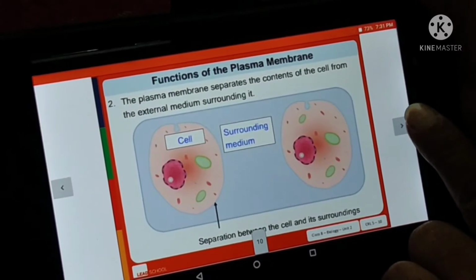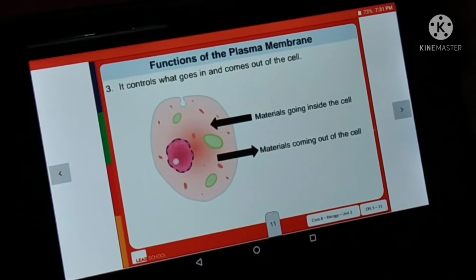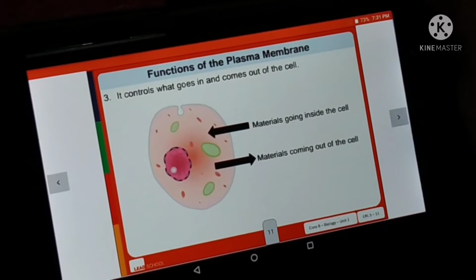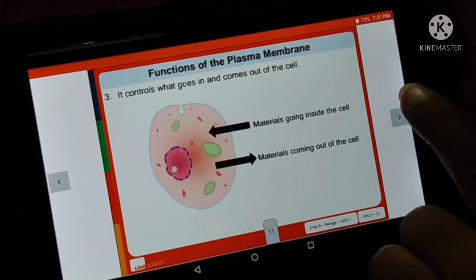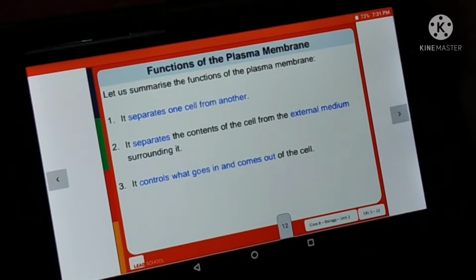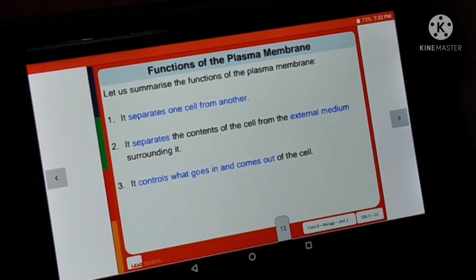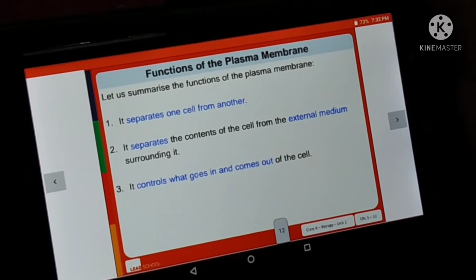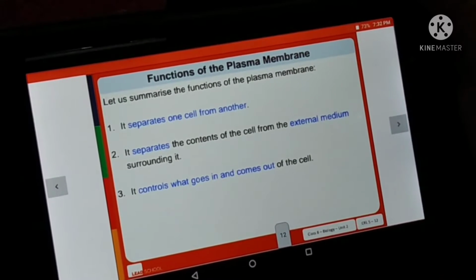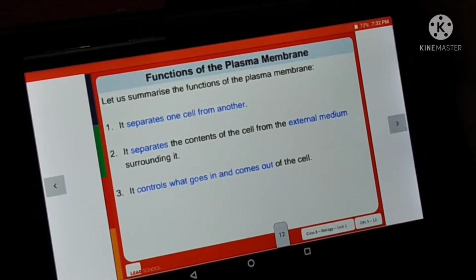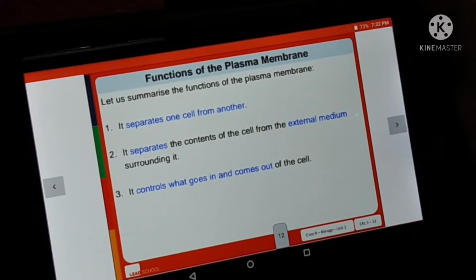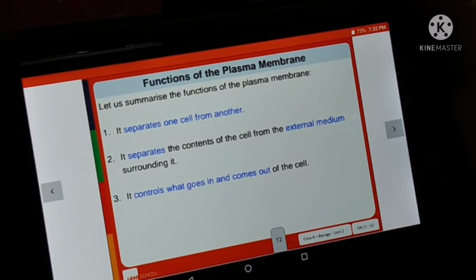It controls what goes in and comes out of the cell. Now let us summarize the function of the plasma membrane. It separates one cell from the other. It separates the contents of the cell from the external medium surrounding it. It controls what goes in and comes out of the cell.